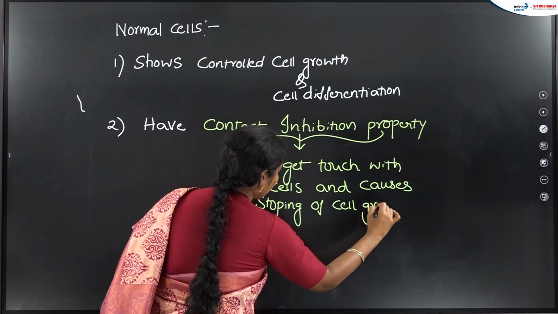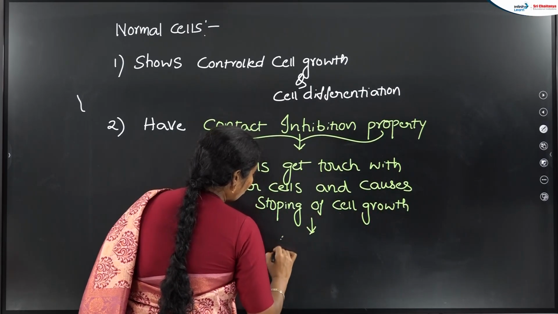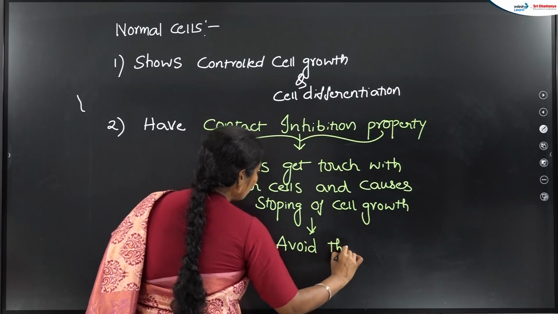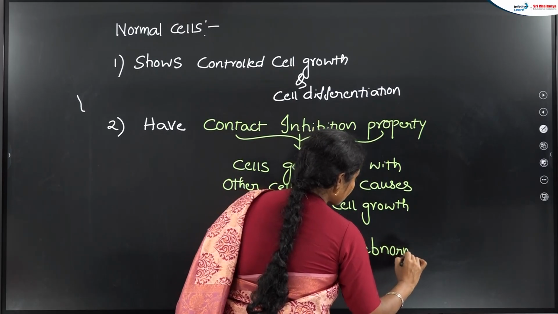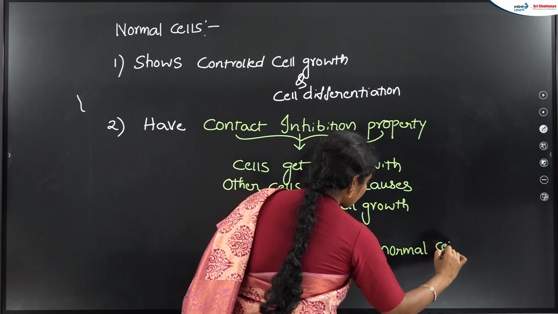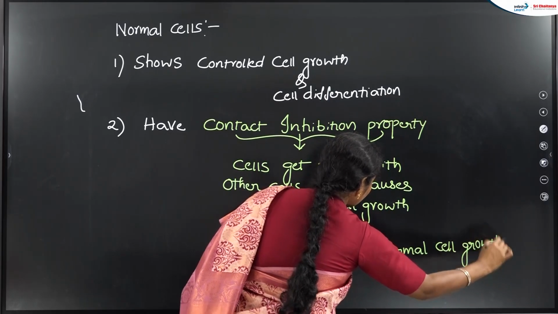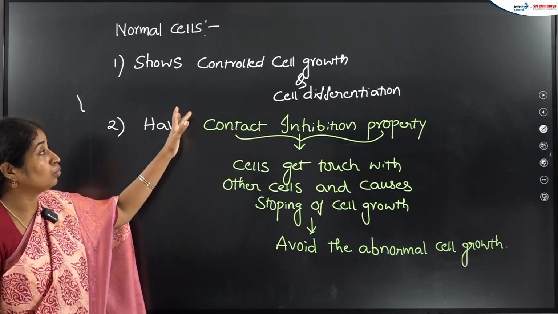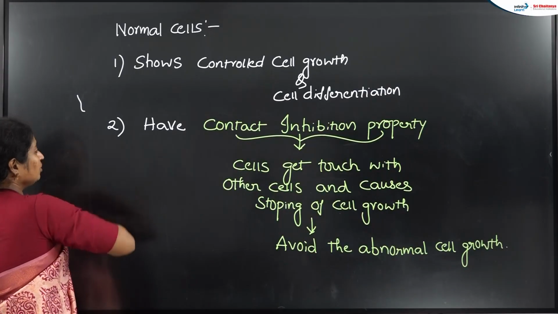This property helps them avoid abnormal cell growth. So these two are the main ones: normal cells show proper cell growth and differentiation, and they show contact inhibition.